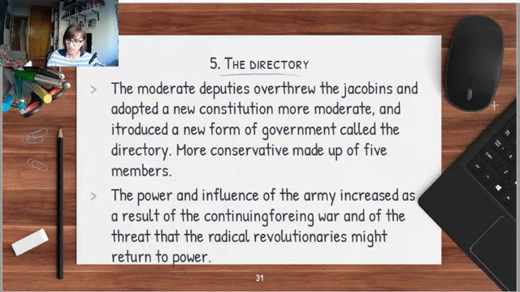When they change into the Thermidorians at the end, it's going to change into a new type of government called the Directory. This is more conservative, made up of only 5 members. One of these 5 members is going to be Napoleon. The power and influence of the army increased as a result of the continuing foreign war and of the threat that radical revolutionaries might return to power.